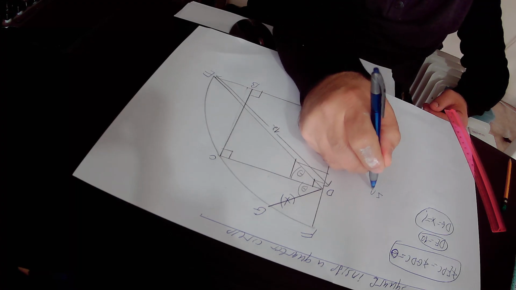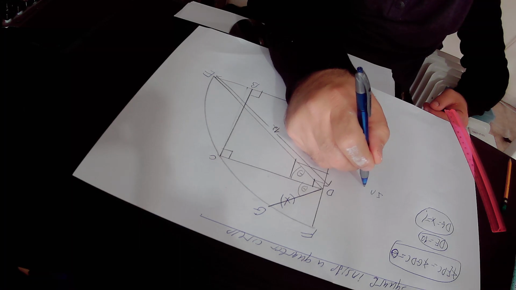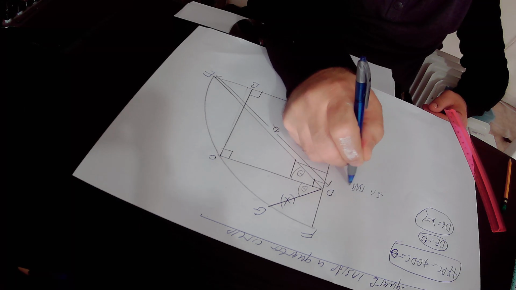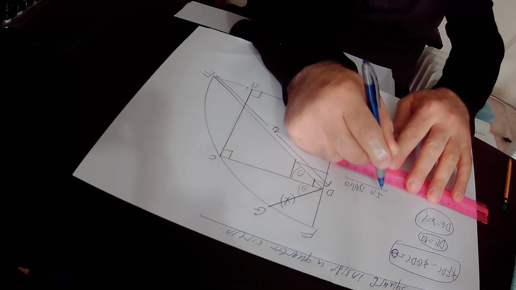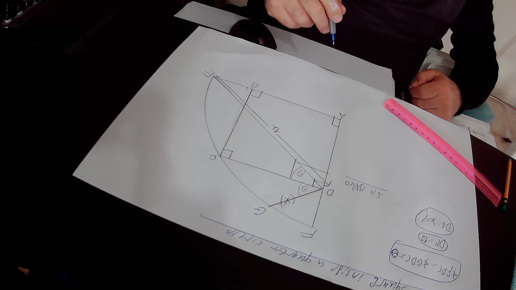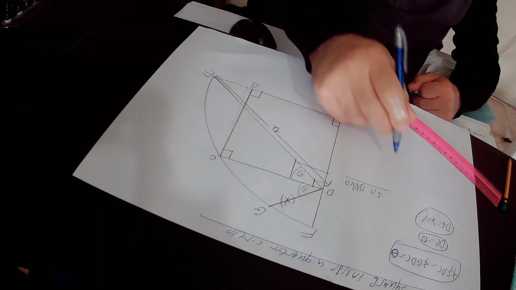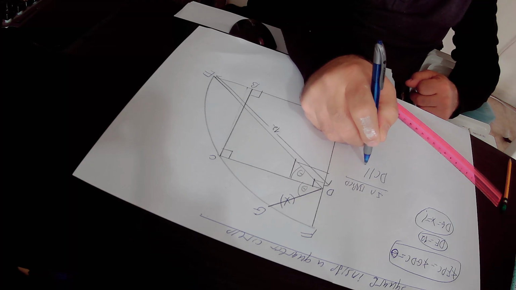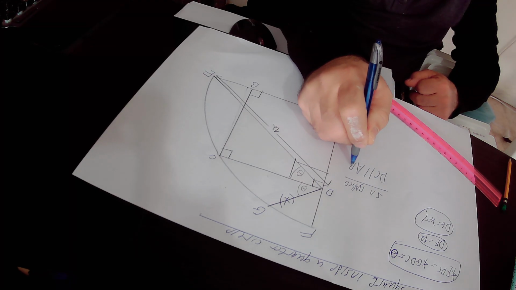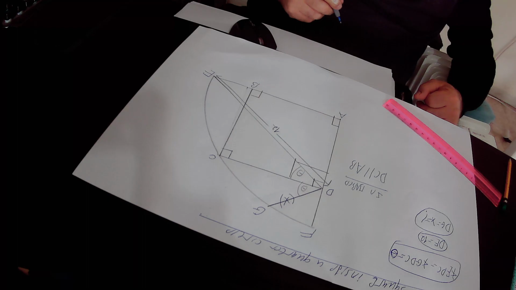In square ABCD, side DC is parallel to side AB according to the rule that the opposite sides of a square are parallel to each other.